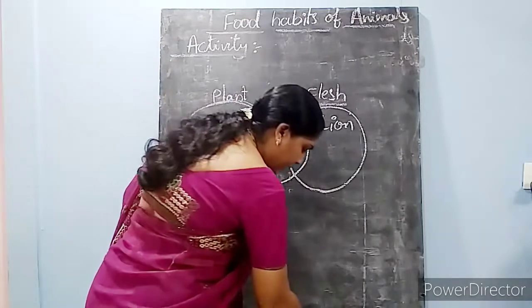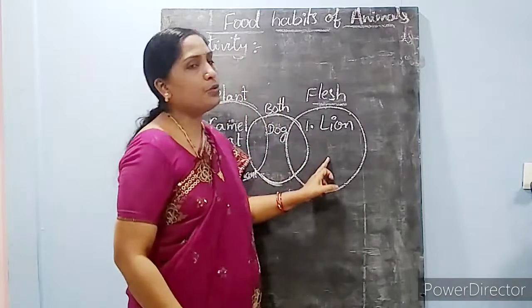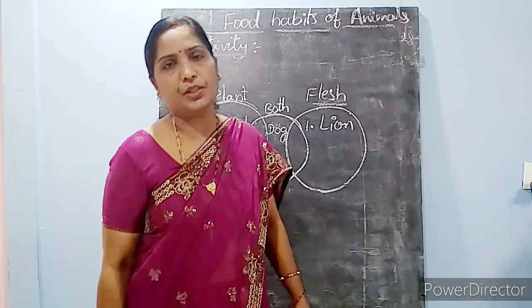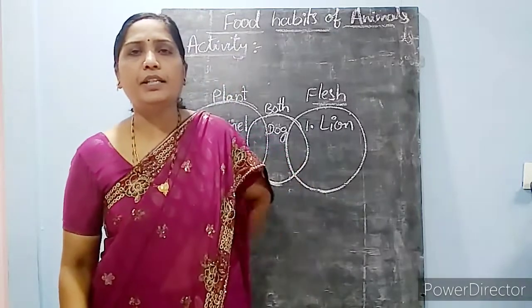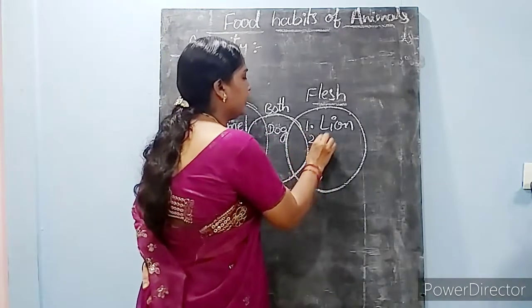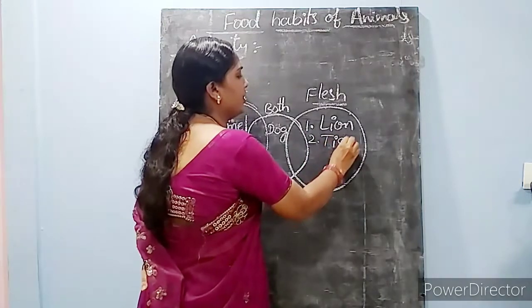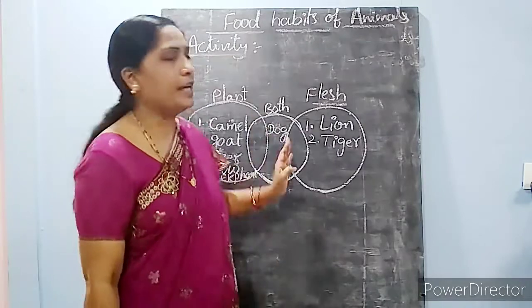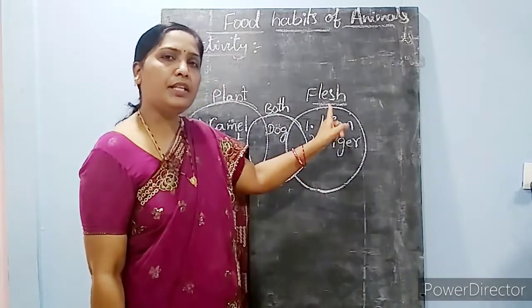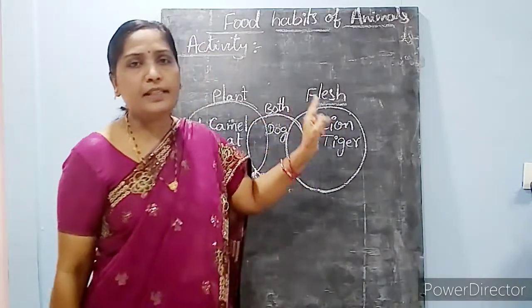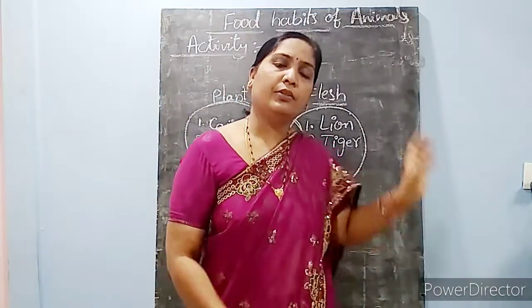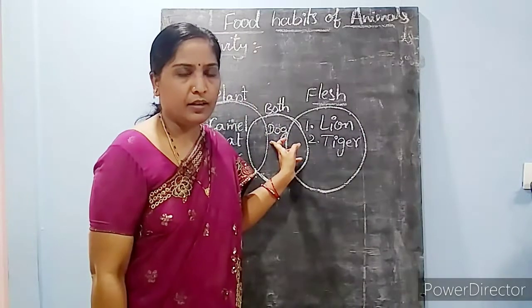And can you tell me any other two animals which eat only flesh? Yes, you are right. The tiger. Tiger eats only flesh. Okay. And any animal which eats both plants and flesh? We already got one animal.